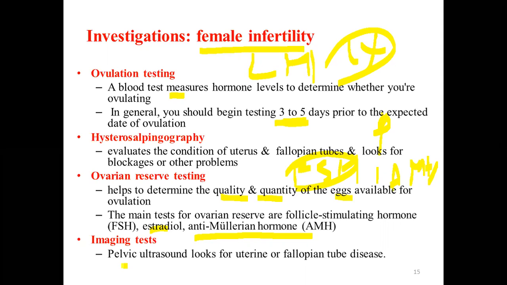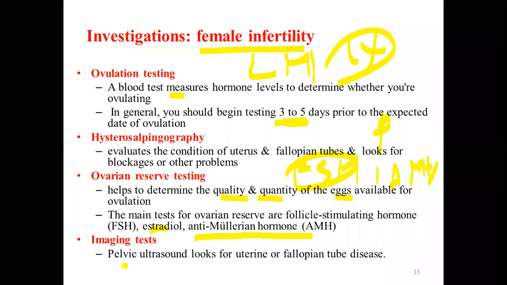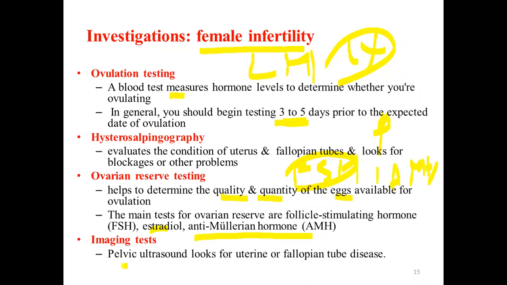I don't know whether anyone has done this procedure before. When someone, especially a lady, is complaining of pain in the pelvic region, most doctors usually recommend a pelvic ultrasound. Pelvic ultrasound is more about looking at the reproductive tract in the pelvic region.